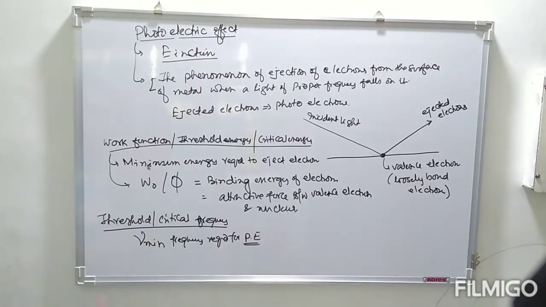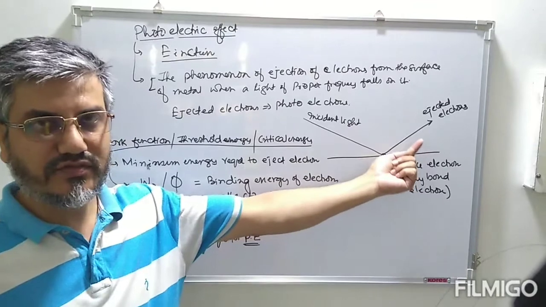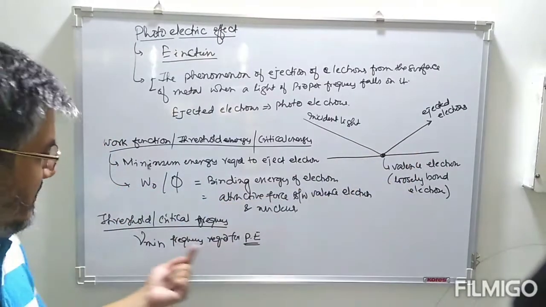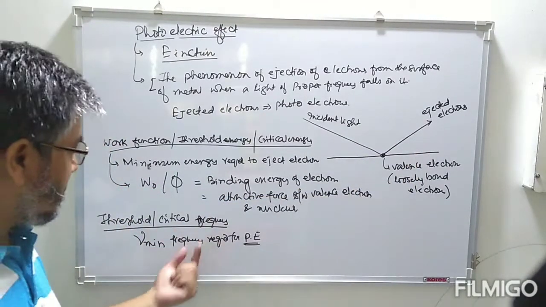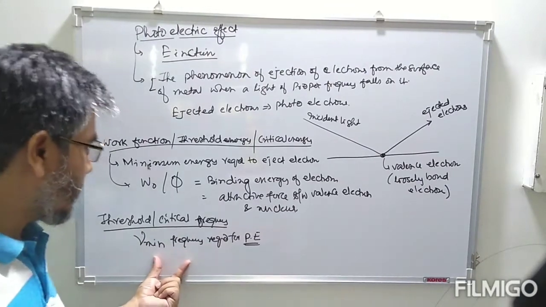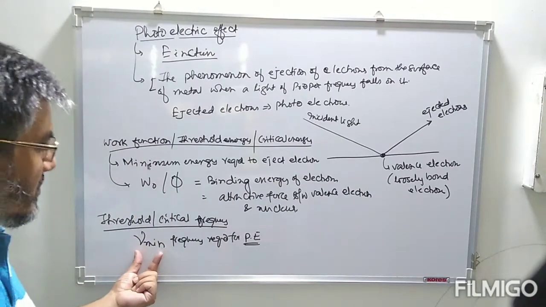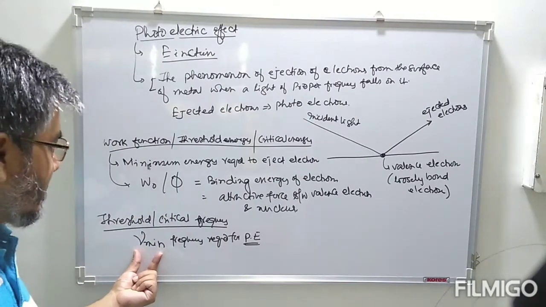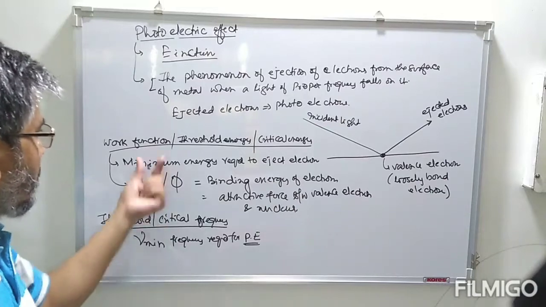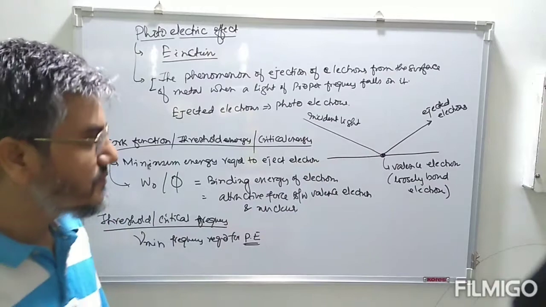So what is the minimum frequency of incident light required for this ejection of electrons from the surface of metal? That frequency is known as critical or threshold frequency, and energy corresponding to this threshold frequency is known as work function or threshold energy or critical energy.